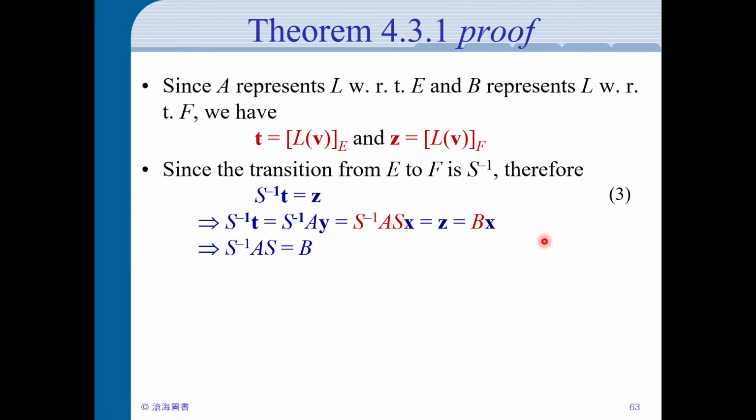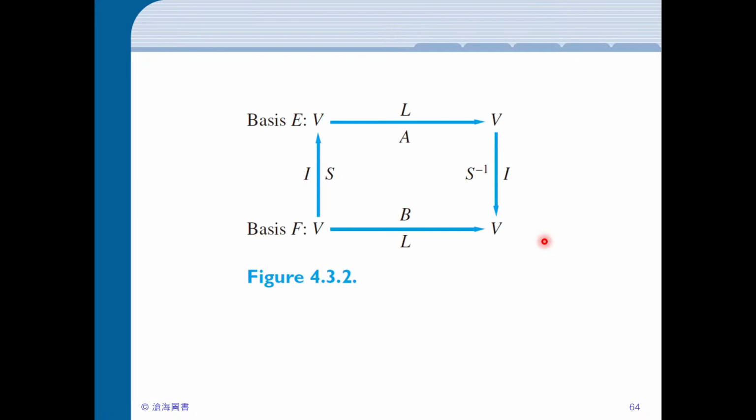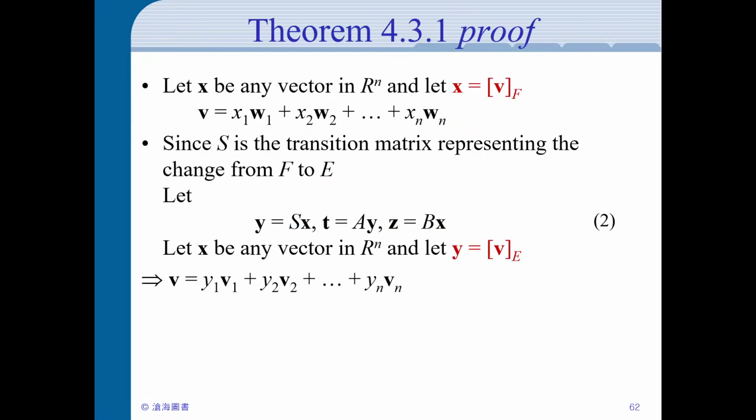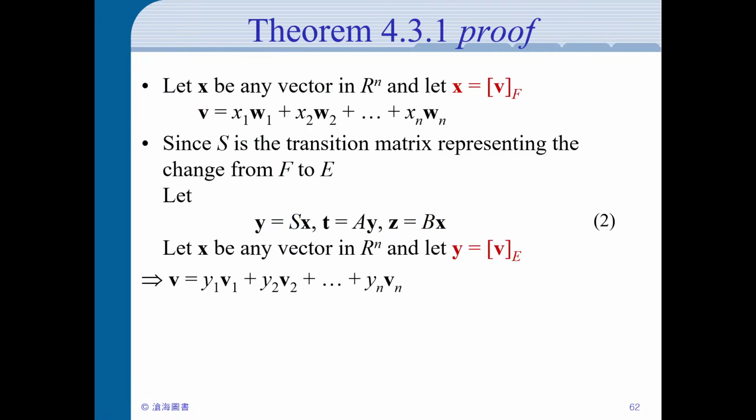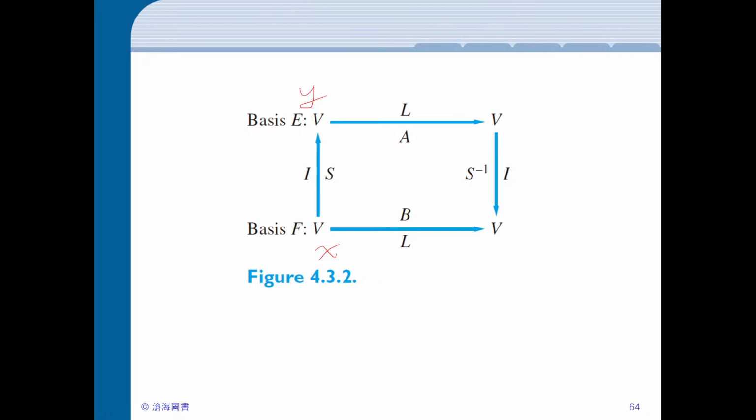Let's see what we have. Let's write down more things here. We have the x vector here, we have a y vector here, and we have a z vector here.